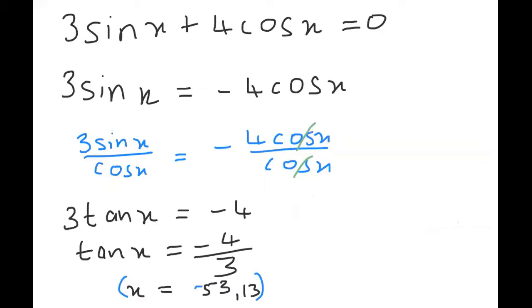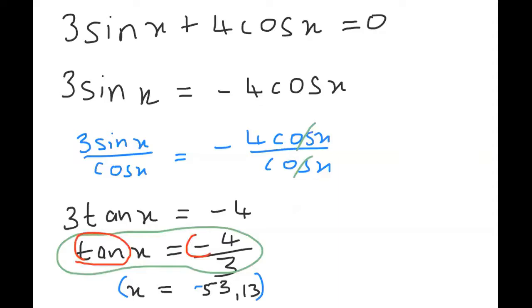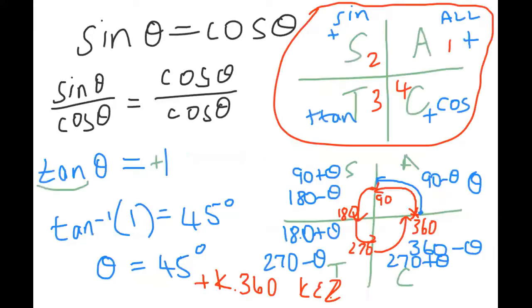So the question is, let's look at this part over here. Now we ask ourselves, tan of x is minus 4 over 3. So the focus is now on the tan and the minus. So where is tan negative? Tan is positive in quadrant 1 and 3, but tan is negative in 2 and 4.